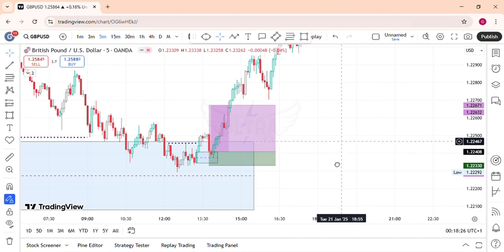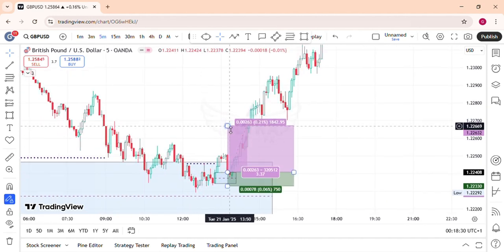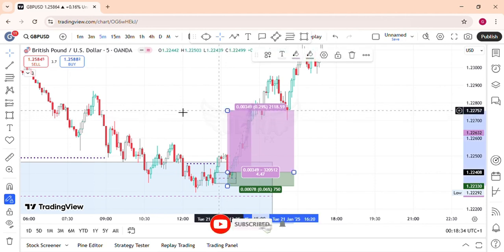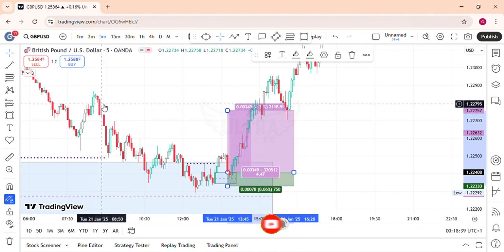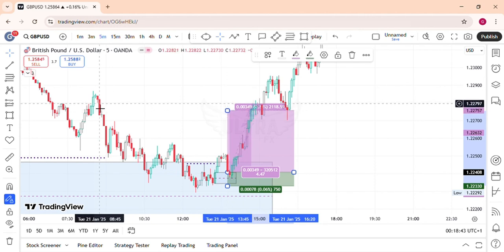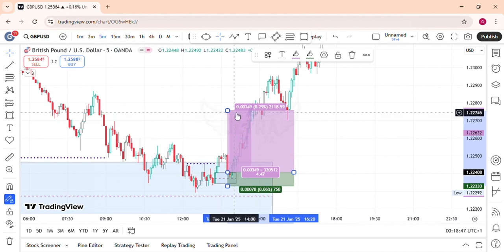So after taking the trade, your take profit should be before a previously formed fair value gap, because when market taps into a fair value gap, it might trigger a reaction and it might take you out.